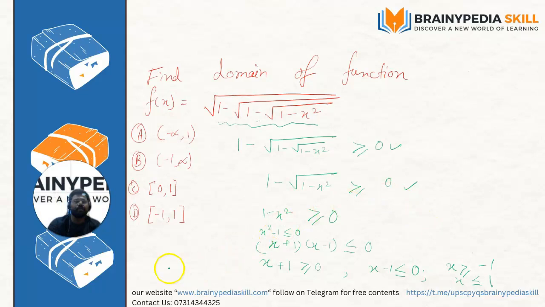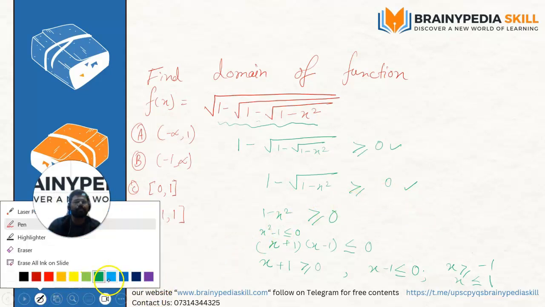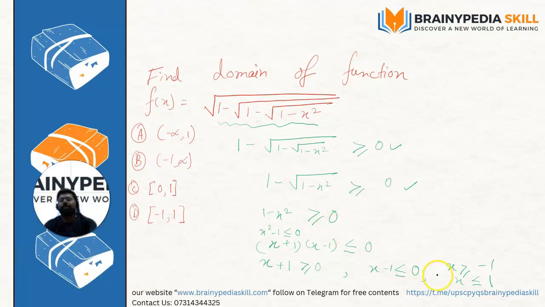Suppose I have substituted the value of x as minus 1 over here. So whatever value you are getting, it is greater than or equal to 0. Yes, it is. When you are substituting 1, is it greater than or equal to 0? When you are solving, yes, it is greater than or equal to 0. So actually it is equal to 0. Okay. So the domain of this function must be nothing but minus 1 to 1.